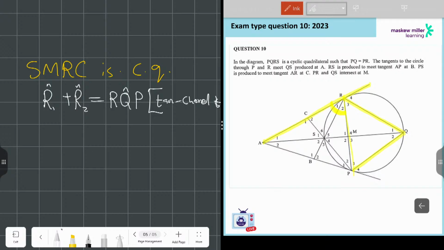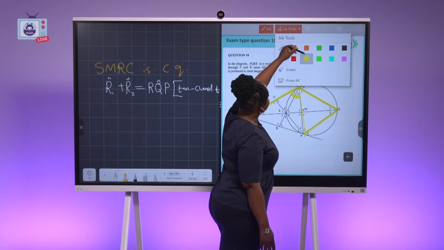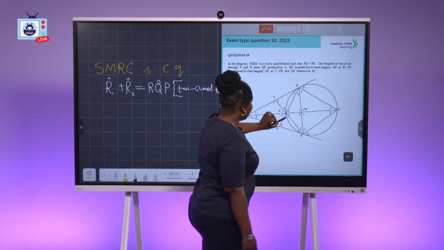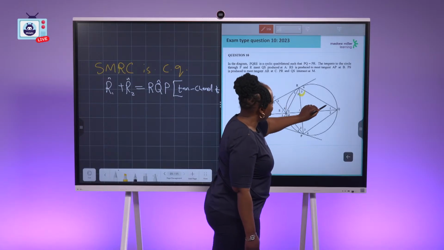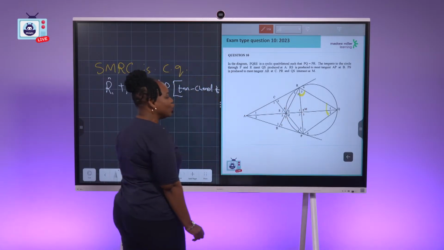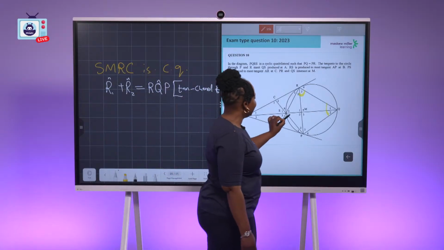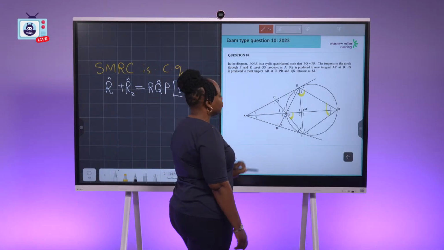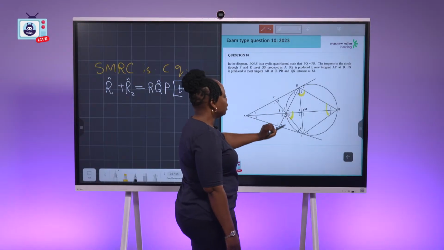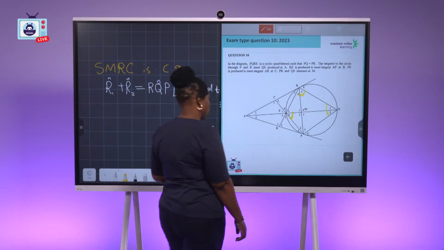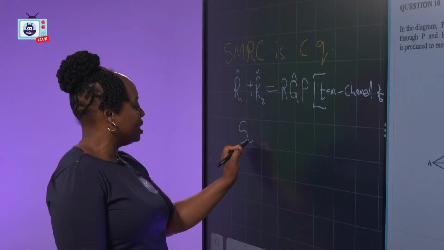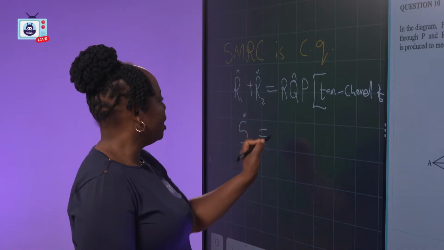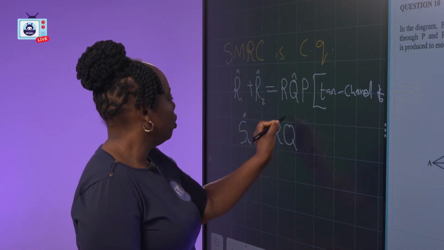Another thing, if you remember very well, we said in the previous one that R3 is equal to the whole of Q1 and Q2, and also we have proven that S3, which is also S4, is equal to Q1 plus Q2. So we are going to use that now as our strength. So S4 equals RQP.